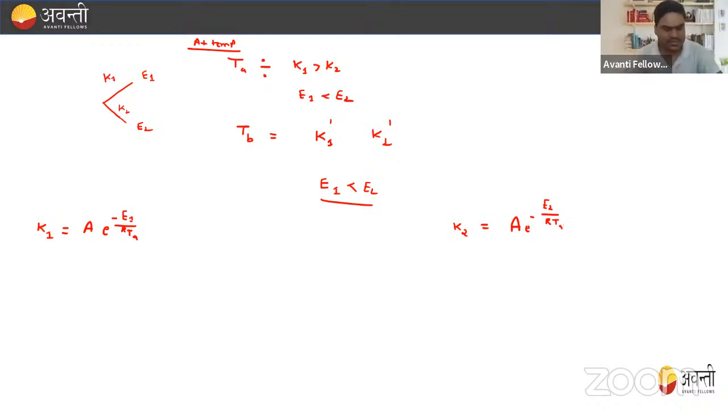Now what are K1 dash and K2 dash? K1 dash will become A e raised to the power minus E1 upon RTB. And this is K2 dash.